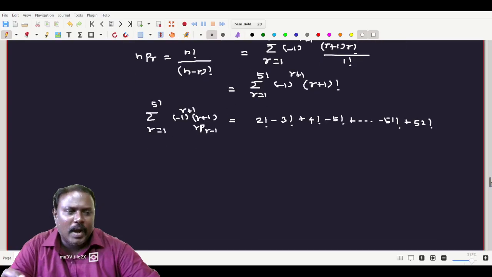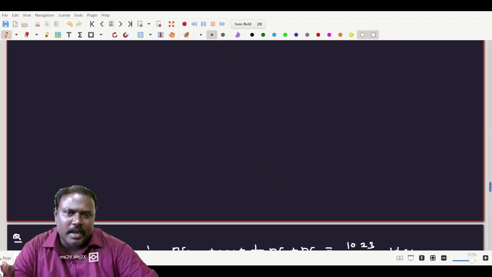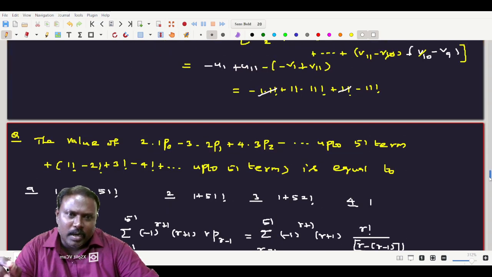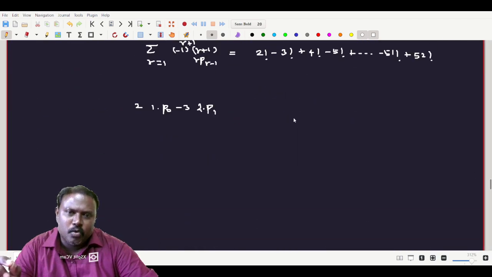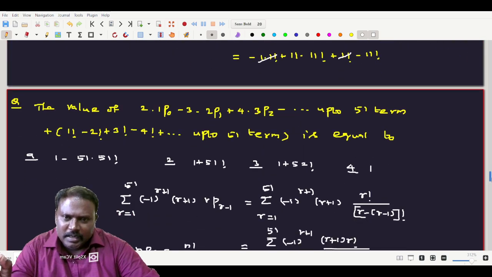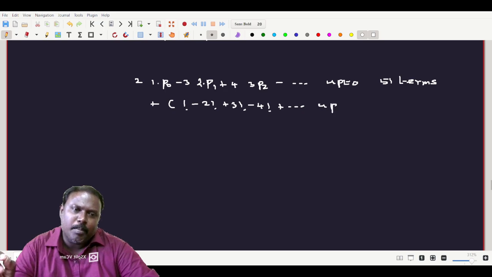Now what they are looking for is this sum: 2 into 1P0 minus 3 into 2P1 plus 4 into 3P2 minus, etc., up to 51 terms, plus 1 factorial minus 2 factorial plus 3 factorial minus 4 factorial plus, etc. Up to how many terms? Here also 51 terms.